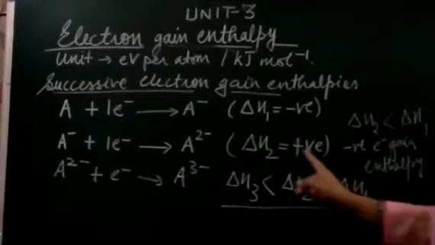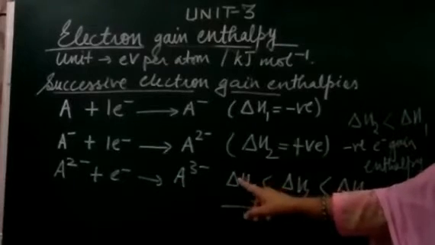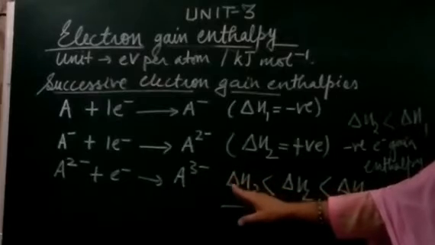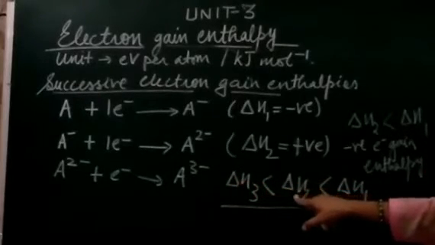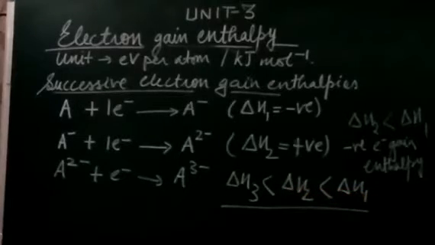So this is the sequence: delta H3 will have the lowest negative electron gain enthalpy, or we can say it will have a positive electron gain enthalpy, delta H2 will be less positive, and delta H1 has the negative electron gain enthalpy. Students, very important, just go through it properly.